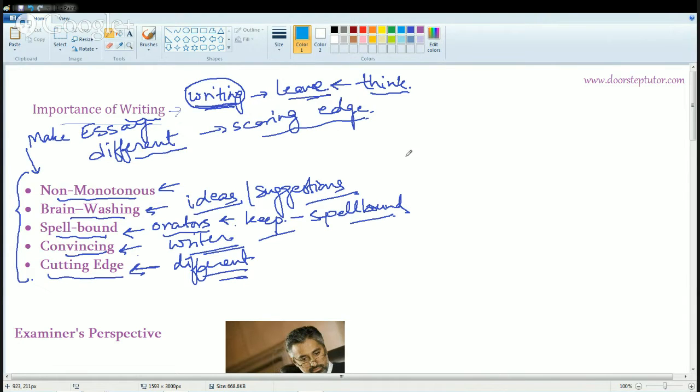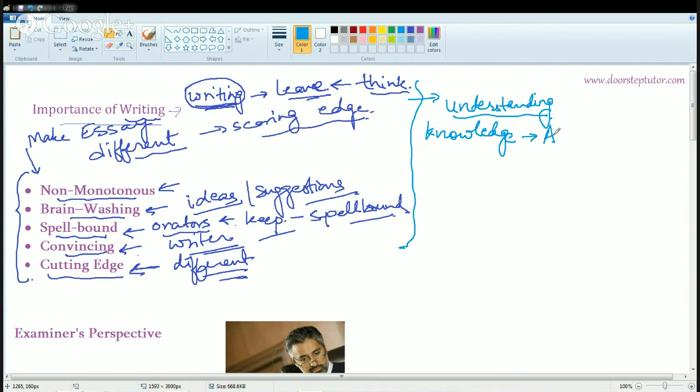Now, when we talk about writing, we basically focus on few basic things. First is understanding of the concepts. We must be able to understand the various concepts in the essay properly. We must have the knowledge of a concept, and that knowledge should lead to analysis. We must be able to analyze the concept based on our available knowledge and then form opinions. These opinions are very important.